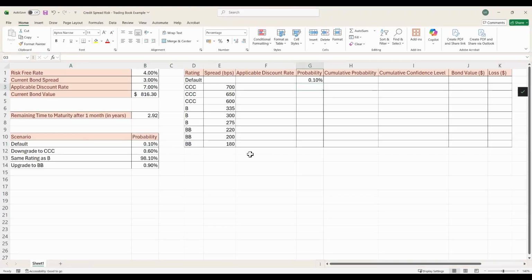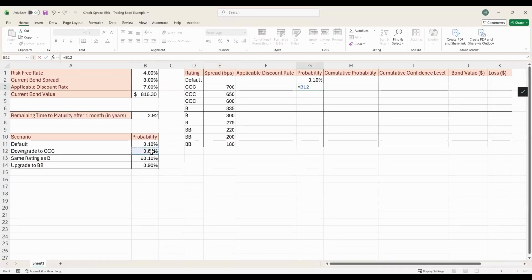So, we can directly write the probability of default as 0.1%. But it was given that for every rating change, there are three scenarios or sub scenarios which are equally likely, which have different spreads. So basically, if you have a 0.6% probability of downgrade to triple C, then each of these three scenarios with different spreads, since they are equally likely, will have a probability of 0.6% by 3.